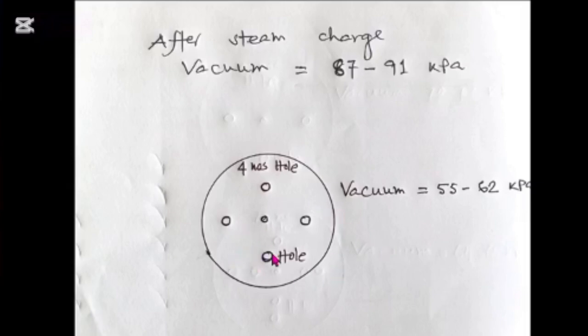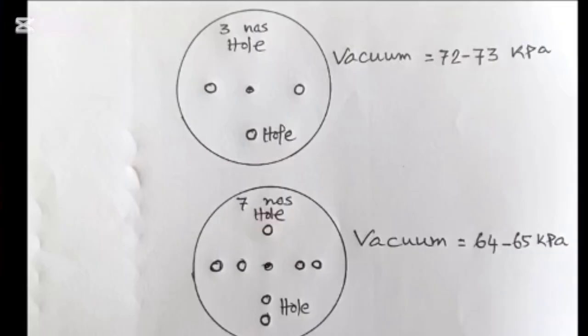And then we made 4 holes on the 4 sides of the diaphragm, and we measured the vacuum as likely 55 to 62 kPa. It is somewhat lower, so again we changed, and before this we made 3 holes, before 4.